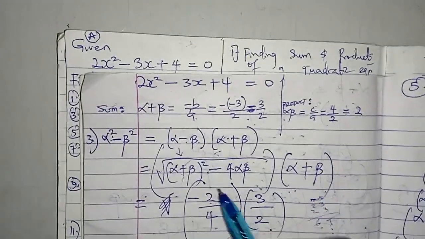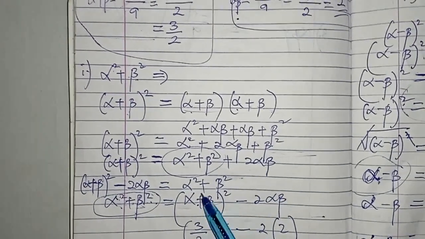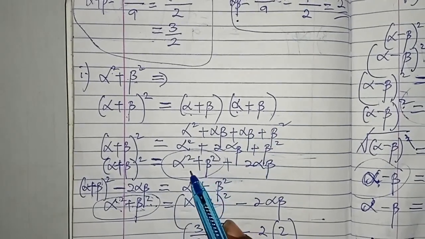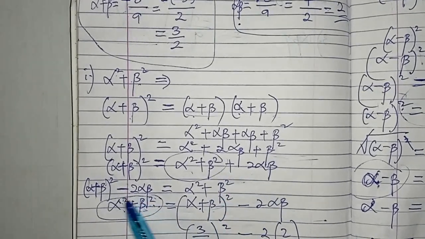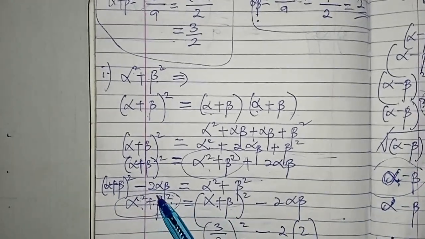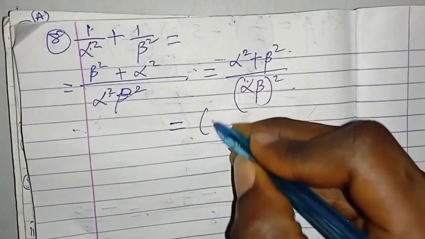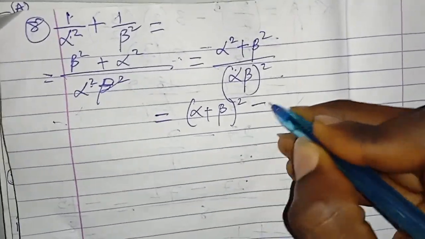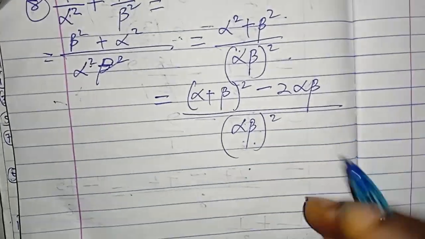Yes, we got it to be alpha plus beta all squared minus 2 alpha beta, all over alpha beta all squared.